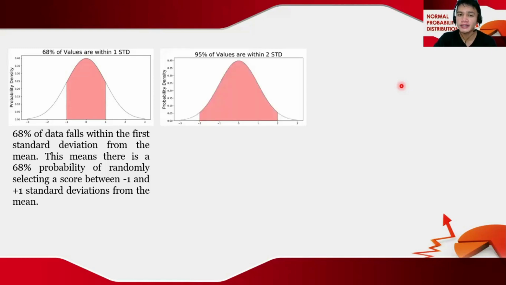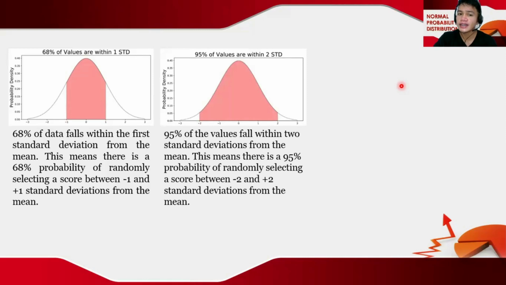How about the 95% of values within 2 standard deviations? 95% of the values fall within 2 standard deviations from the mean. This means there is a 95% probability of randomly selecting a score between -2 and +2 standard deviations from the mean.